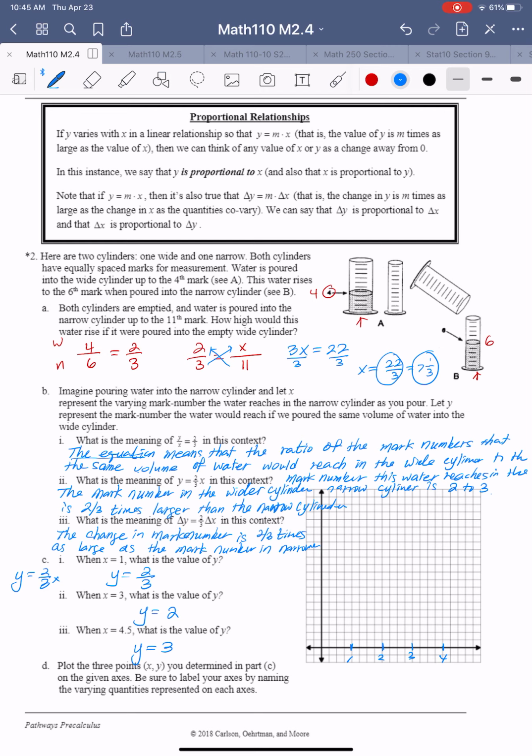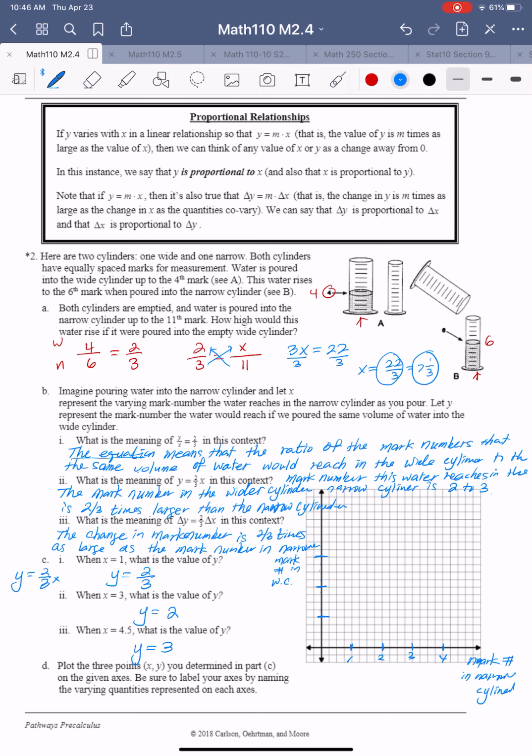As x is the mark number in the narrow cylinder, and this is also the mark number in the wider cylinder. So for the wider cylinder, let's say everything is a 4 too. So every 4, so 1, 2, 3, 4, okay?